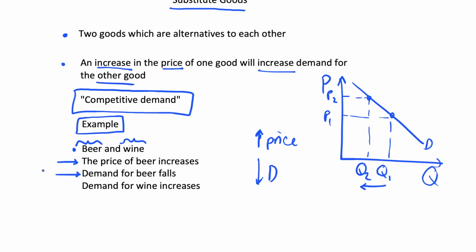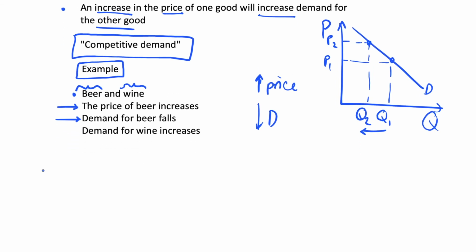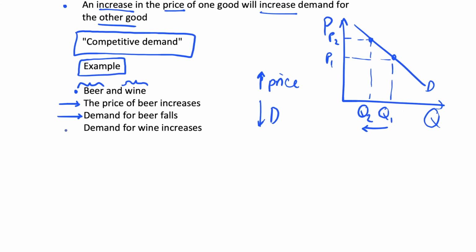When we now think of substitute goods, we are thinking about a different market, the market for wine. And as such, the demand for wine is going to increase because the price of its substitute has increased. So we can now draw up the demand curve for wine.